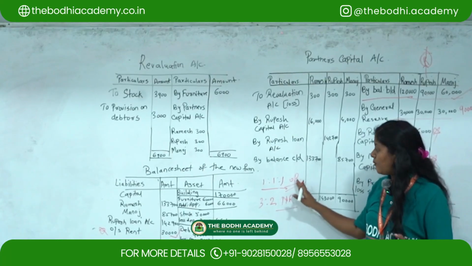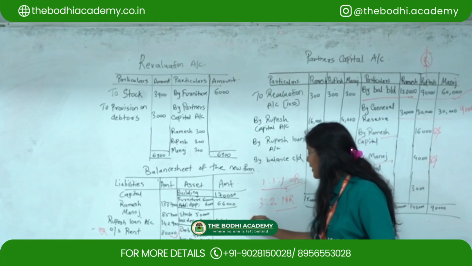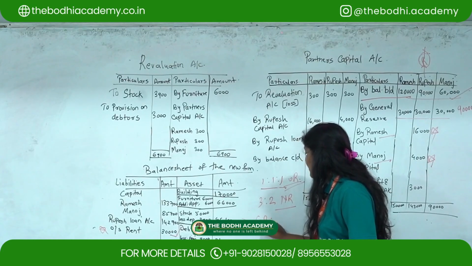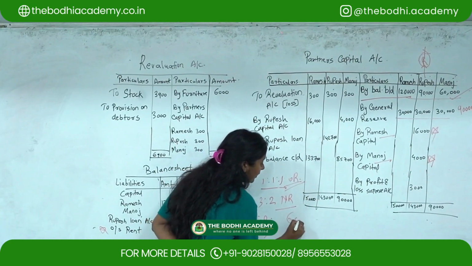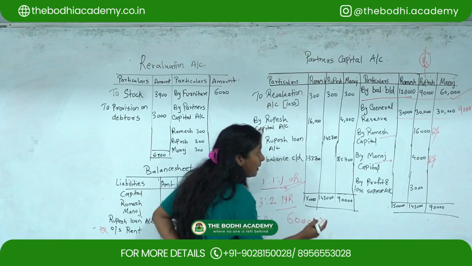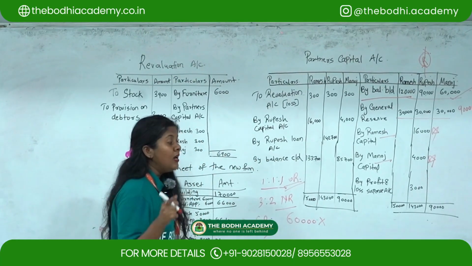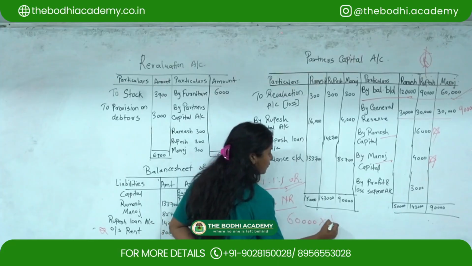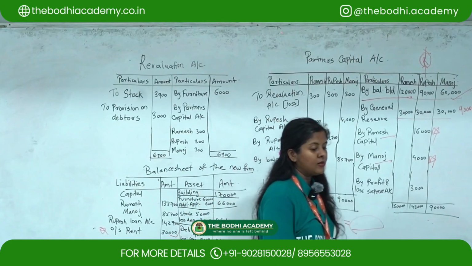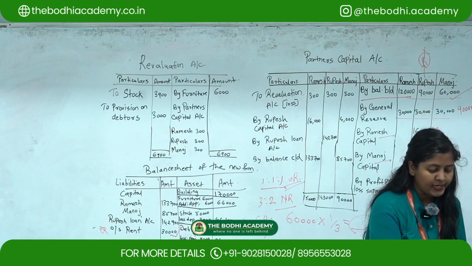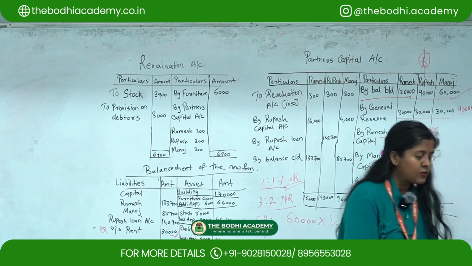So, in this sum, both the ratios are given. So, you have to find out the gain ratio. Okay. The first step is you have to calculate goodwill. Now, here goodwill given as 60,000 multiplied by the retiring partner's share. Now, here the retiring partner's share is 1 upon 3. Whatever amount you will get over here, now, here I am getting it as 20,000.